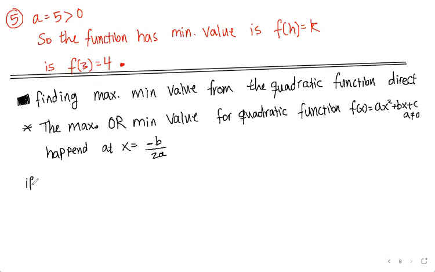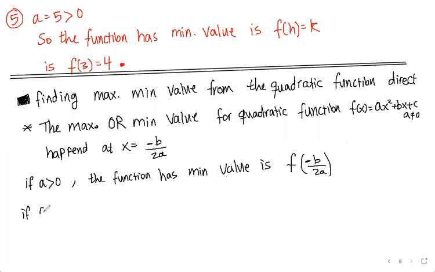If a is positive, the function has a minimum value, which is f of minus b over 2a.